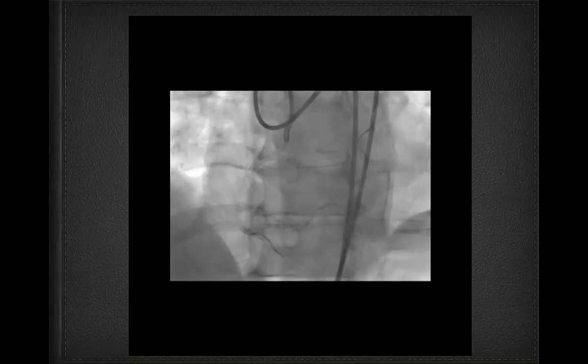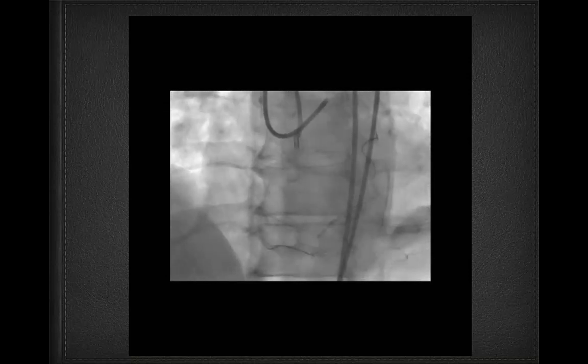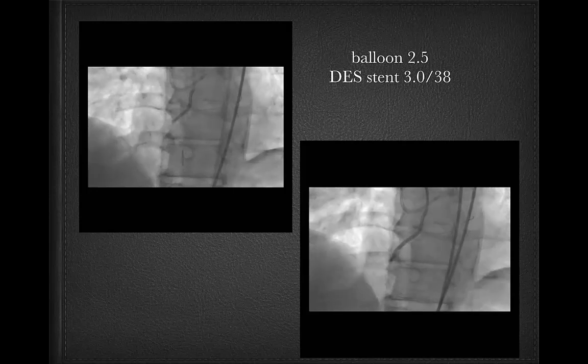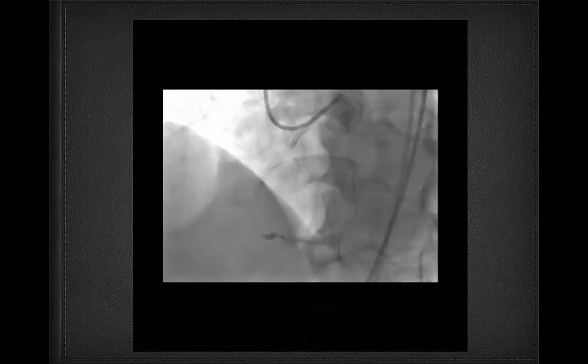So I advance, but in fact now I realize that there is another occlusion at the distal part of the RCA. So I first predilate the ostium because the problem of support was solved, then stenting, and then I have also the distal part of the RCA, another occlusion.